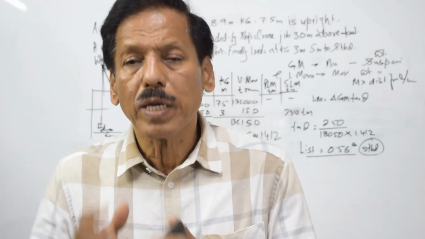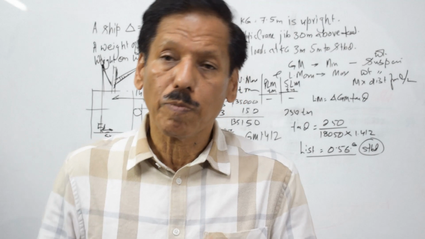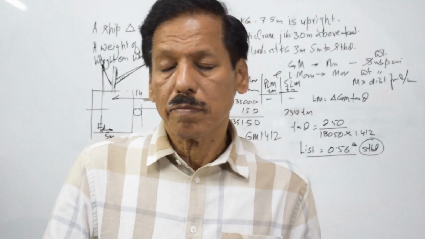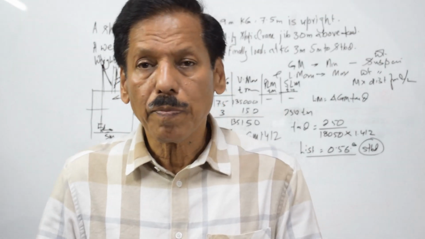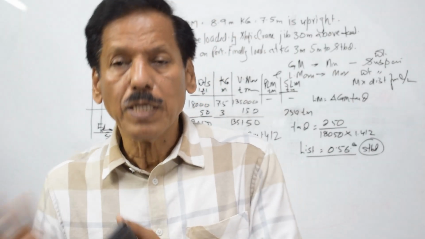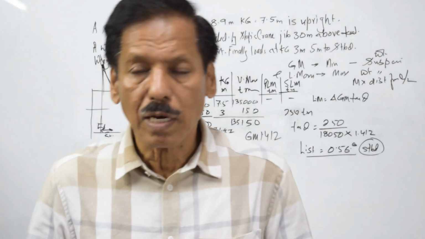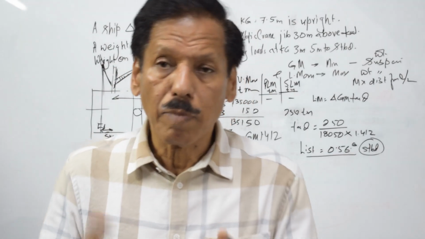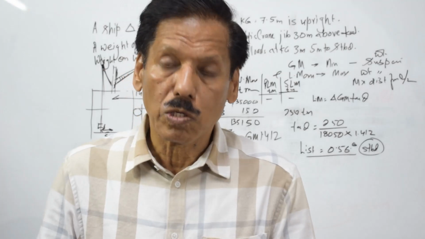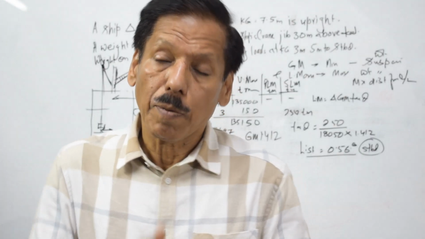Now this lesson, this numerical, is particularly important for those people who do the loading by own crane on the ship, and towards the completion of loading, when only a few slings are left to be lifted. Maybe it is containers, maybe it is logs, the wooden logs. So one of the last slings, when the GM of the ship is minimum because you have loaded maximum on the deck, when we lift one of the last slings, the ship tends to heel a lot on the lifted side because of this reason.